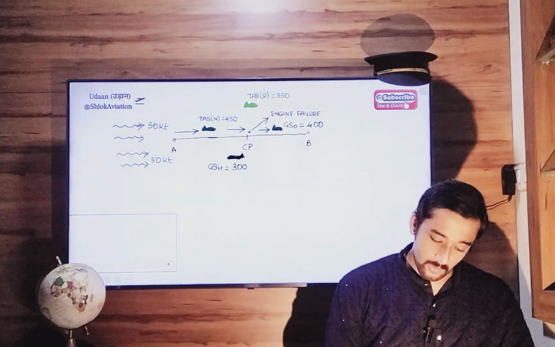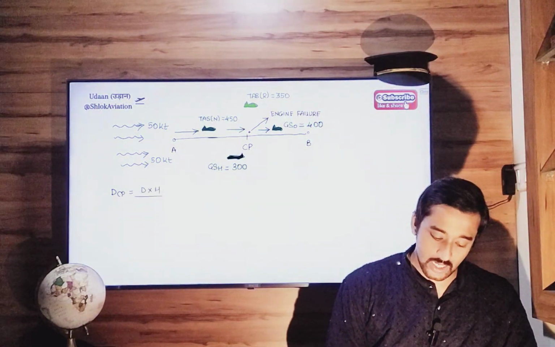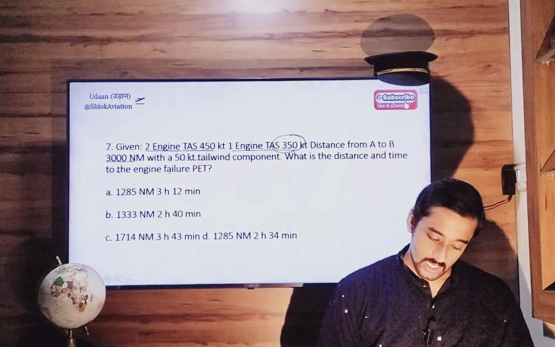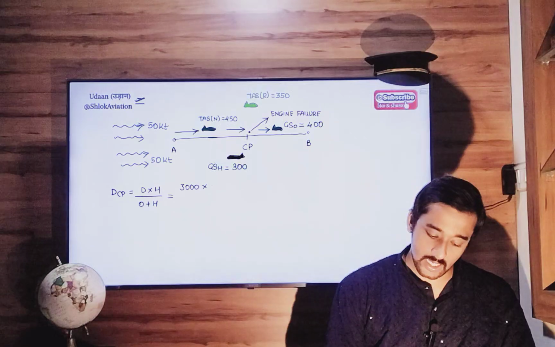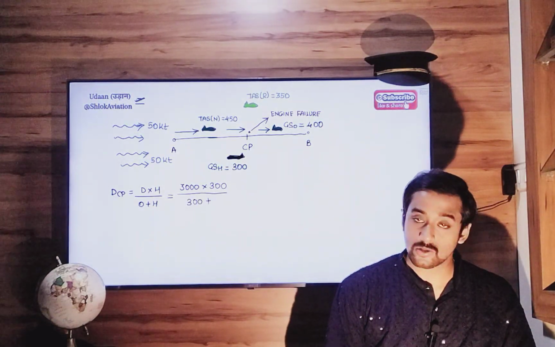So now use the formula. Distance to critical point is total distance times H divided by O plus H. Total distance is 3000. Homebound speed is 300, divided by 300 plus outbound speed 400.